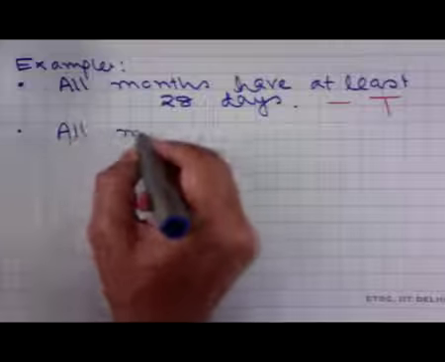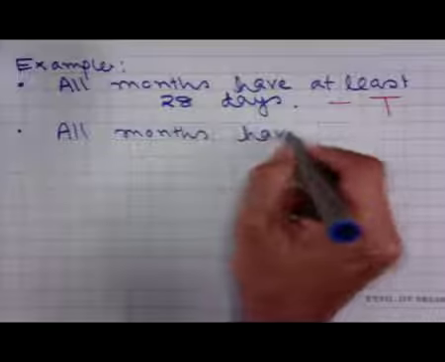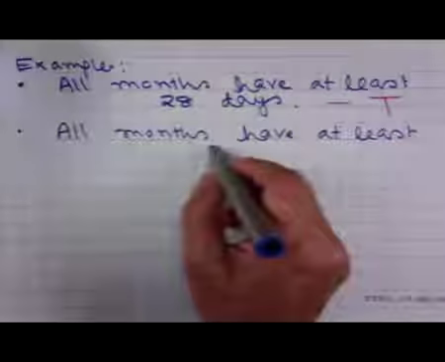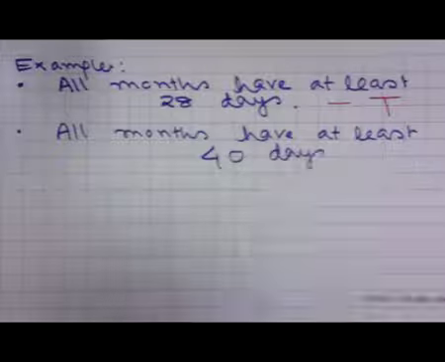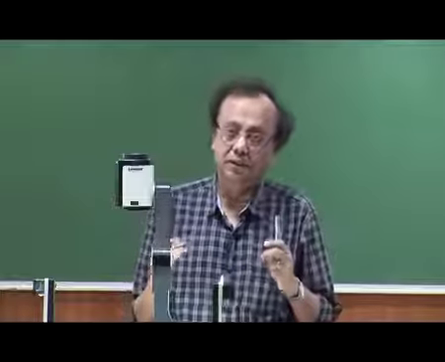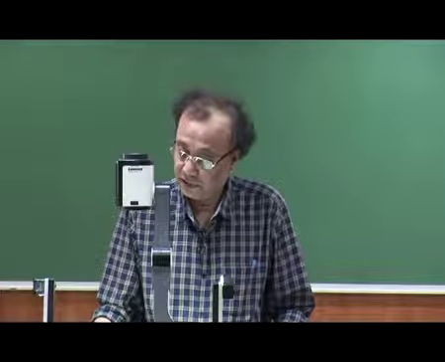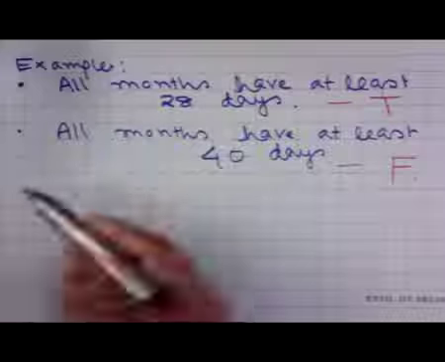All months have at least 40 days. We know that it cannot happen. A month can have at most 31 days. Therefore, this is false. What about this?